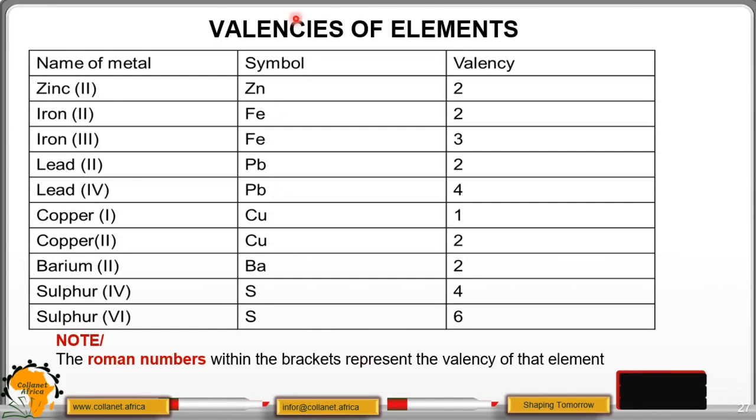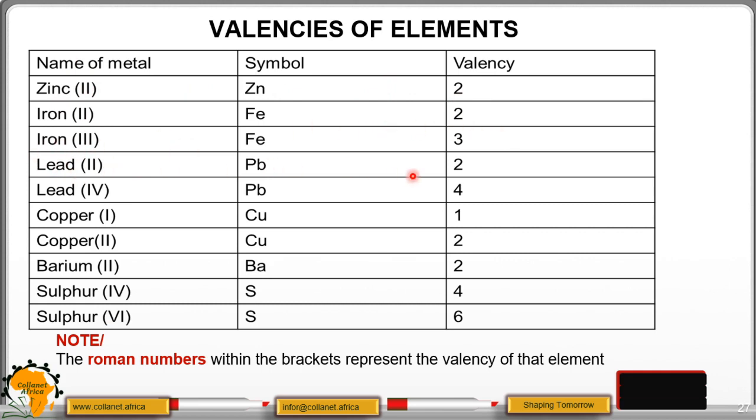We move to valencies of elements. Name of metals. You are provided with zinc 2. When you're told zinc 2, which the symbol is Zn, the valency is 2. So the number here in Roman is the valency of this element. Iron 2 will be valency 2. Iron 3 will be 3.